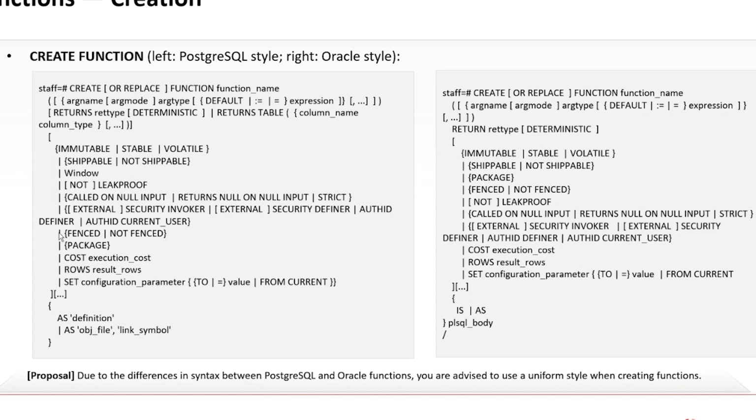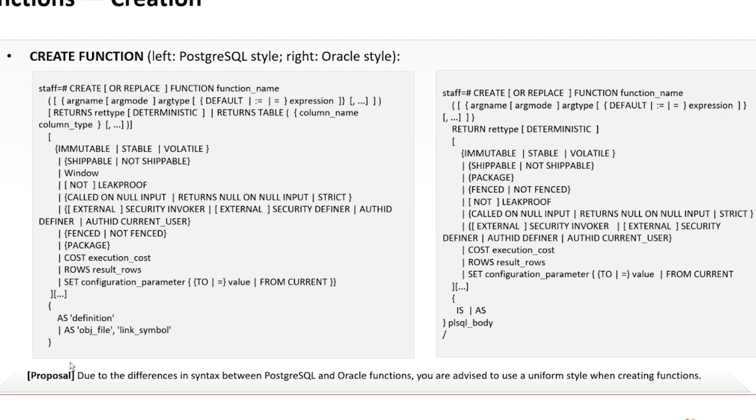So if we specify the fenced mode, the function is executed in a new fork process, so that any exception in the function will not affect the DN or CN processes. But when we specify the not fenced mode, it means the function will be executed right in the CN or DN process. So if there are some exceptions in the function, it may affect the CN or DN process itself.